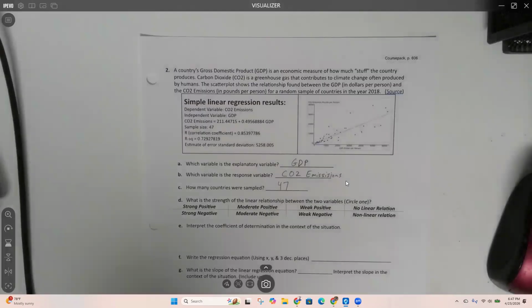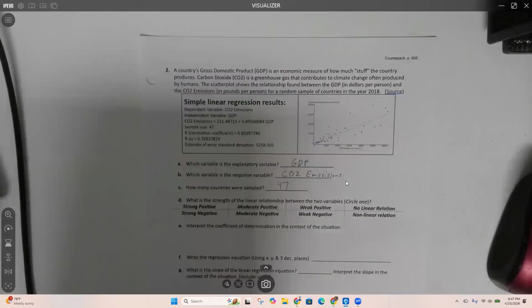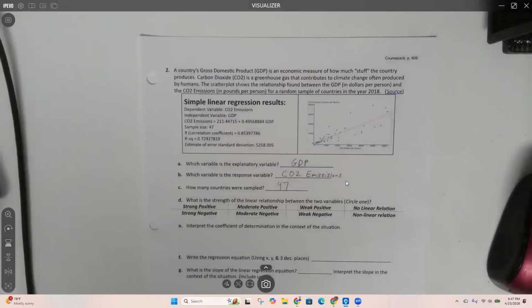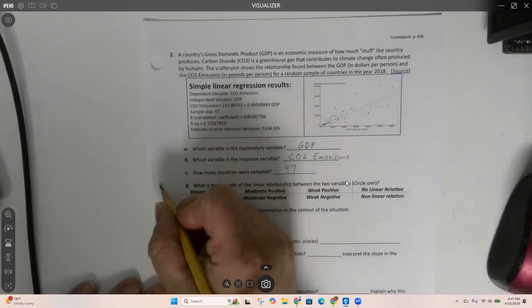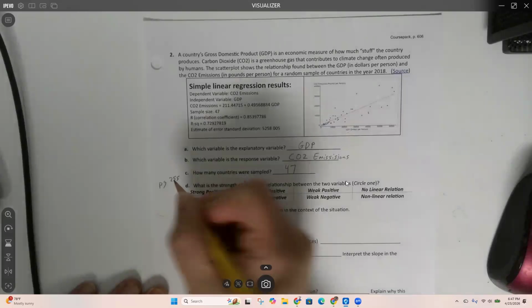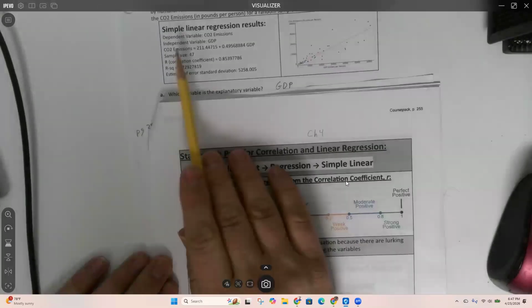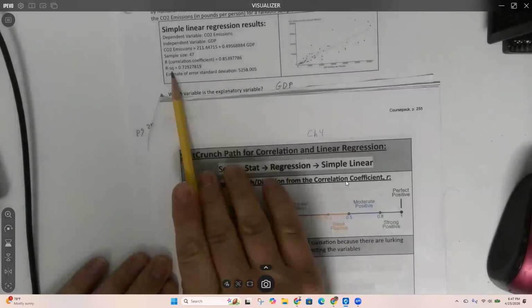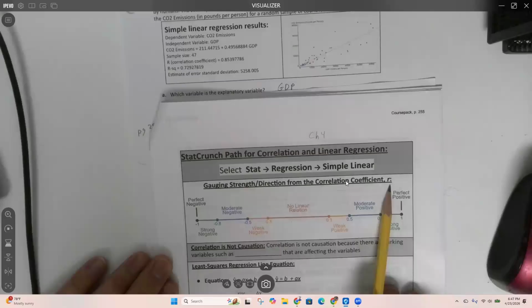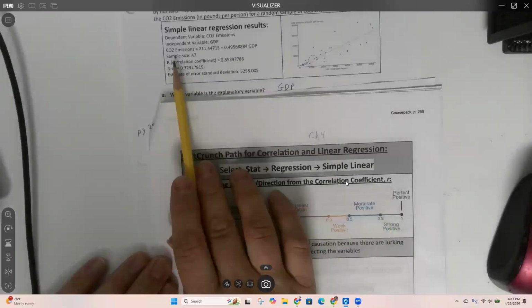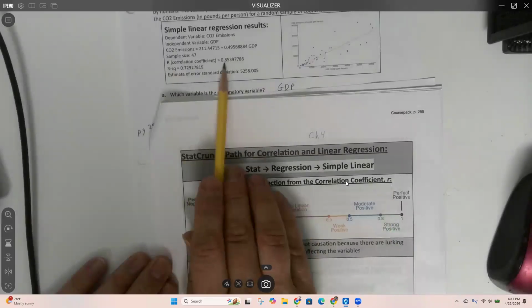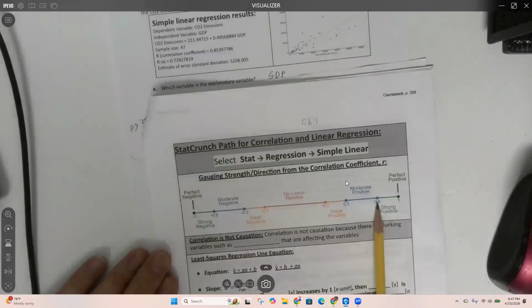What page do I find the number line for the correlation coefficient? Yeah, page 255. There is a number line that says if you're looking at the correlation coefficient, not the R squared, not the coefficient of determination, we need the R. Okay, so the correlation coefficient is 0.85, which is just above 0.8.